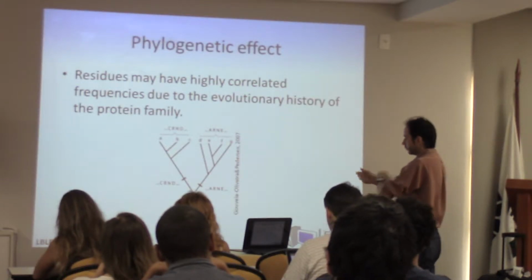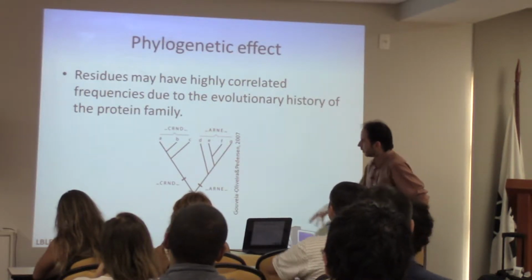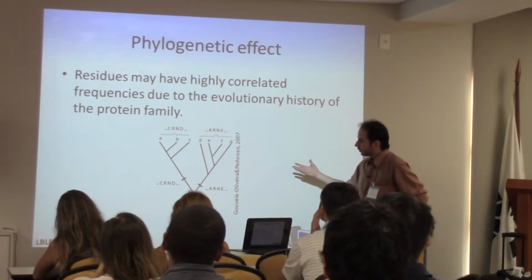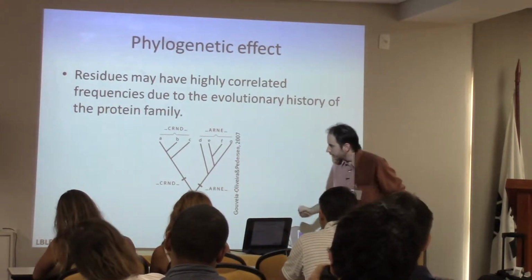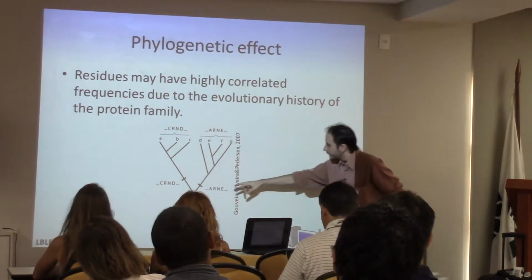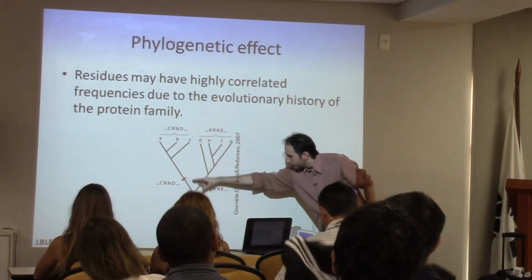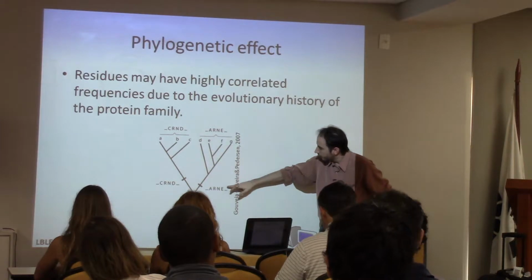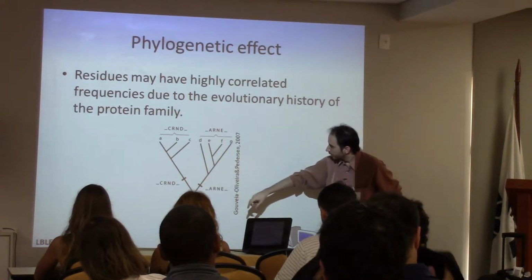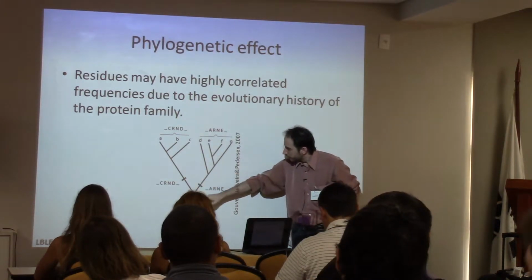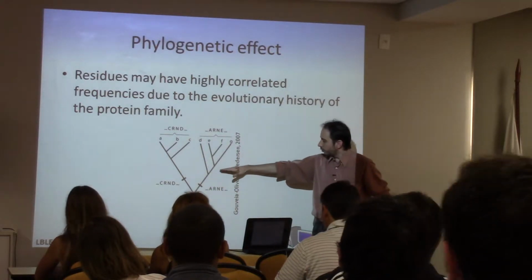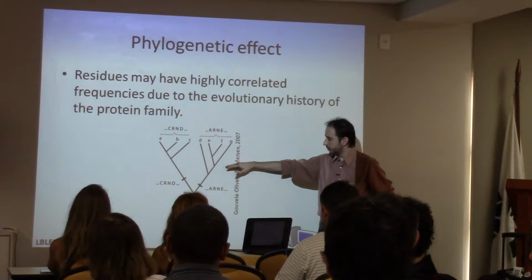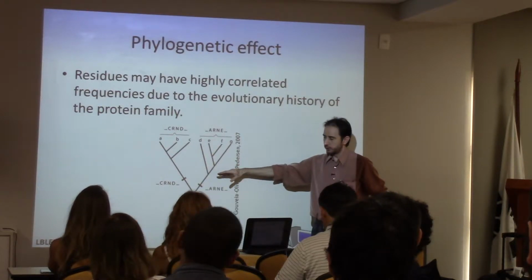As for the phylogenetic effect, this relates to the evolutionary history of the protein family. Using a simple example, say there's a set of proteins generated by an ancestral sequence which has A, R, and D in a part of the sequence. Then there was a speciation event, and the last residue was mutated to E, and in this branch the first was mutated to C, and then there were a lot of speciation events after this mutation.